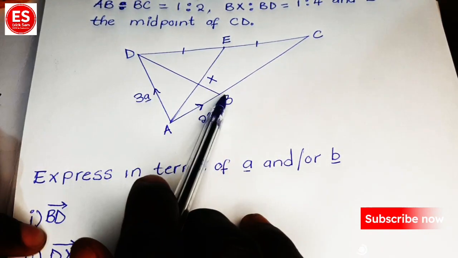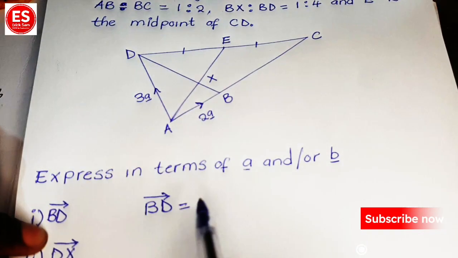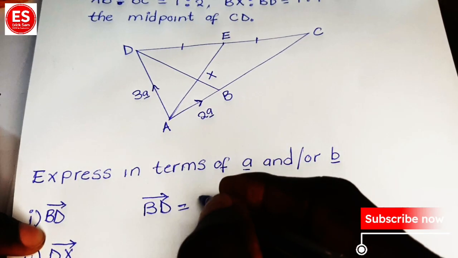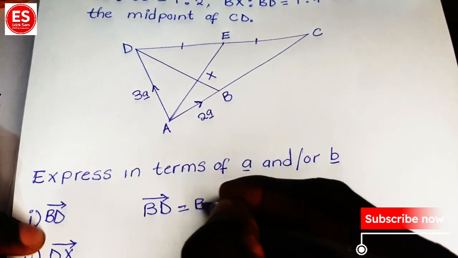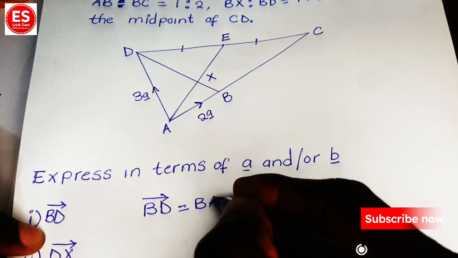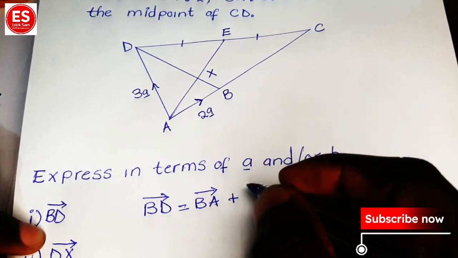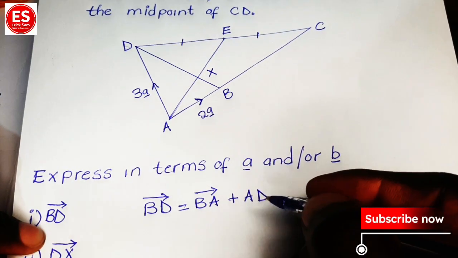You move from B to A, then A to D, so that you can have these values. So B to D is equal to B to A, then plus A to D.